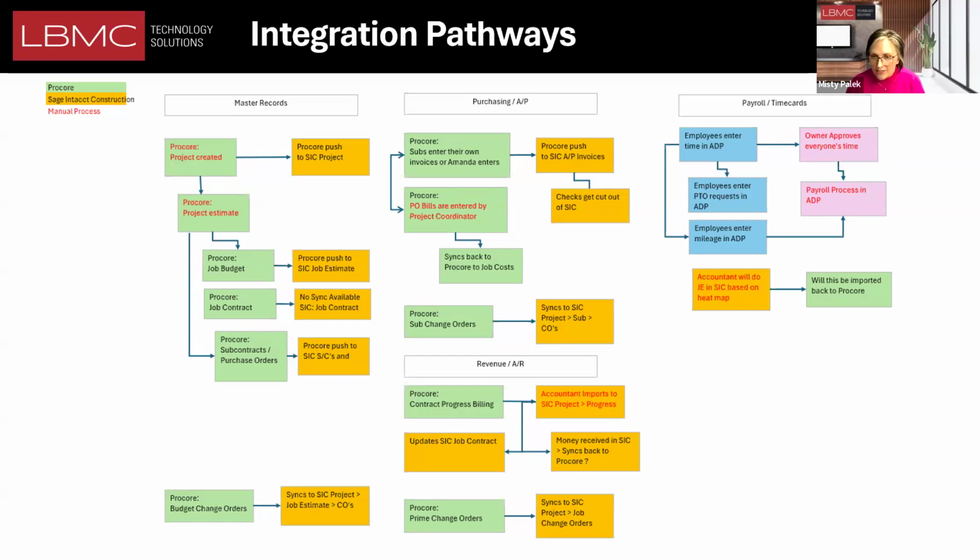There's tons of great products out there as far as third-party operational software goes. Procore just happens to be a very popular one. And so I have lots of clients on that who want to go to Sage Intacct. And this is how we help those companies get there, as we would provide a mapping of the integration pathways. So we would be able to say, this is how we're going to take you from where you are today to the future of having integrated and efficient systems all together.